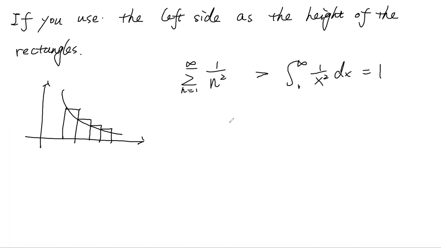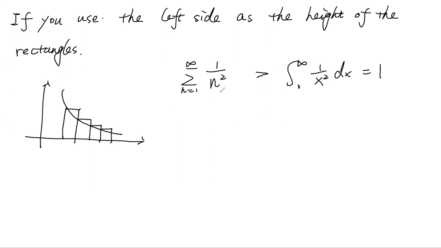And this result doesn't tell you anything about the convergence of this series, because all you get is a series that is greater than a finite number. There are two cases here. The first case is that this series converges to a finite number greater than 1, or this series diverges and you get a sum of infinity. Infinity is also greater than 1.